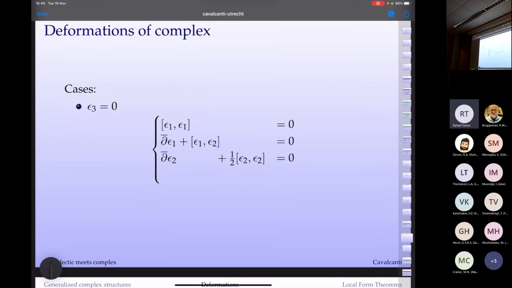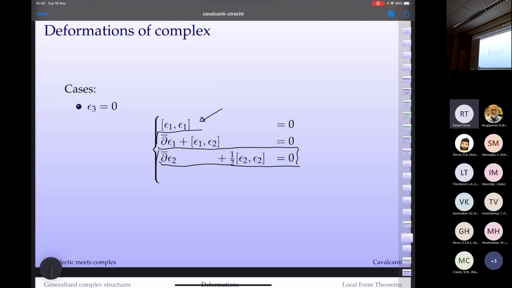Now I have to remember a little bit what happened before. This equation here is the one that says that epsilon 2 alone gives me an integrable deformation of the complex structure. It's the same one that I had before when epsilon 1 was 0, since epsilon 1 doesn't appear there. So even though I have epsilon 1, epsilon 2 alone already gives me an integrable deformation. This equation here doesn't involve epsilon 2, it's just saying epsilon 1 is a Poisson bivector.